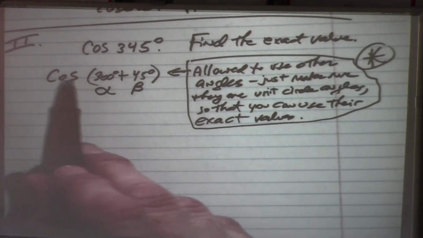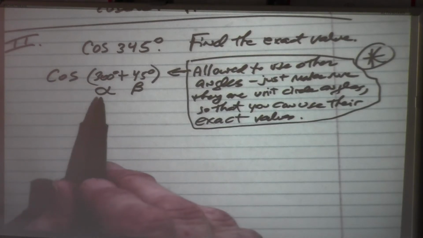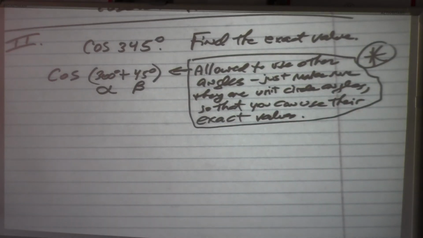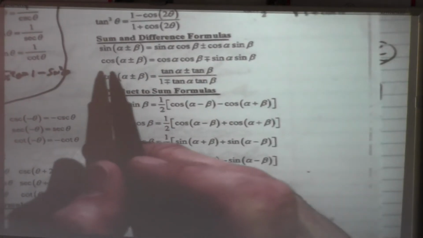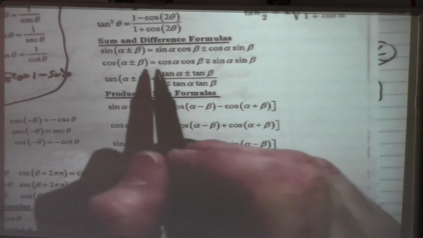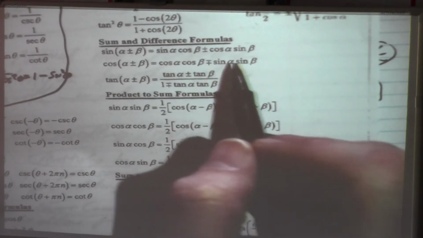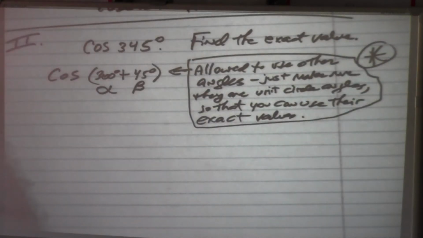So the formula for cosine of alpha plus beta, let's find it here. It's cosine alpha times cosine beta minus sine alpha sine beta. And in the textbook they show this too. So let me show you that.